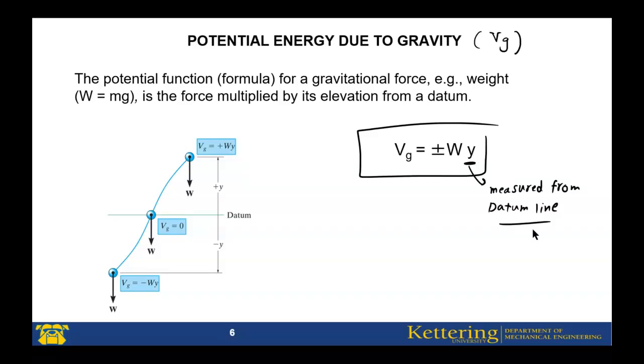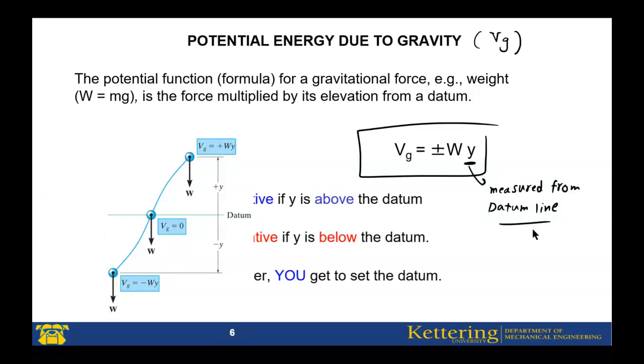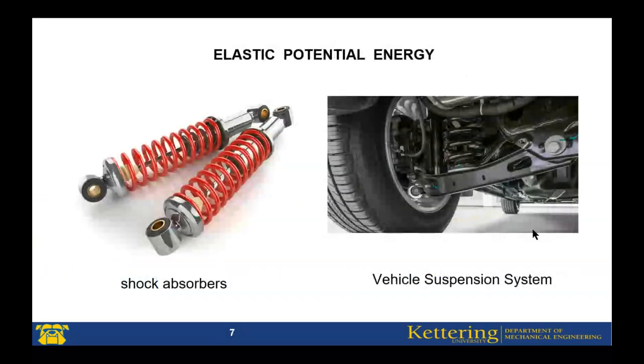Can I move to the next slide? This is the explanation. Also for elastic potential energy, one example is shock absorbers, which are used in vehicle suspension systems. These have a potential energy.